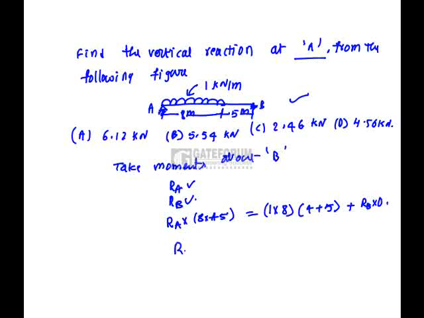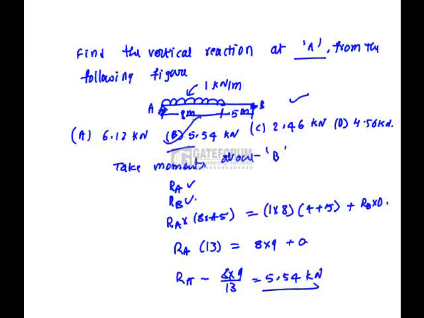That is, RA into 8 plus 5, which is 13, is equal to 8 into 9 plus 0. That is, RA is equal to 8 into 9 by 13, that is equal to 5.54 kilonewtons. So option B is correct.